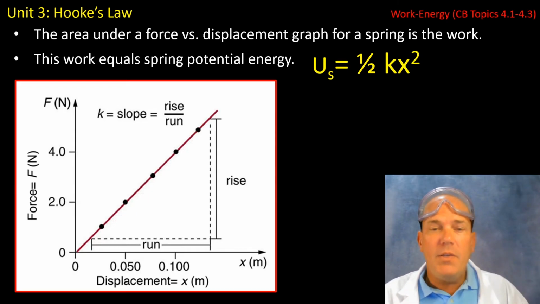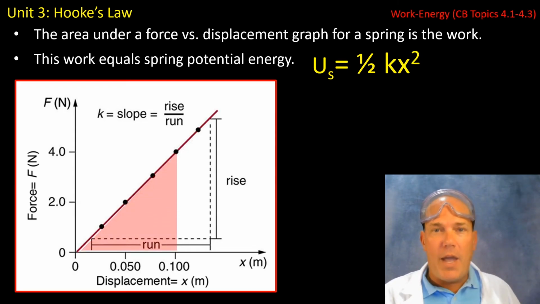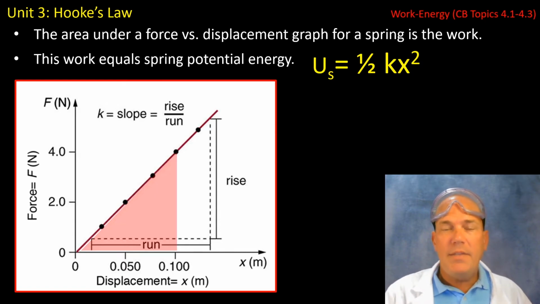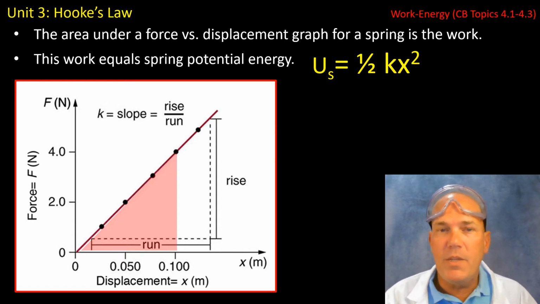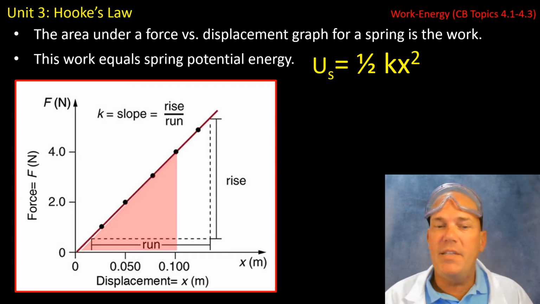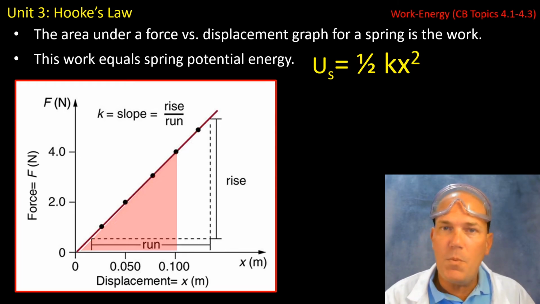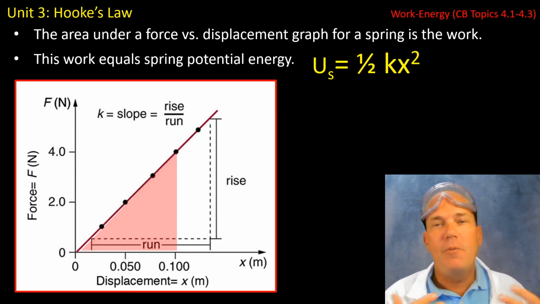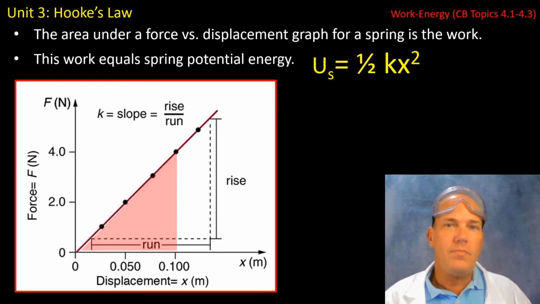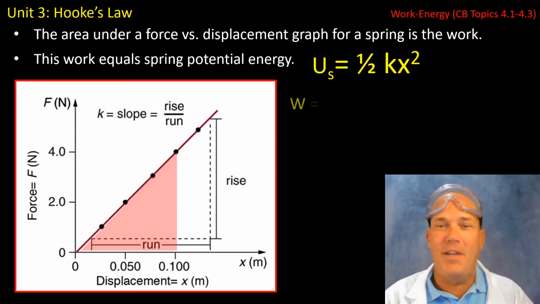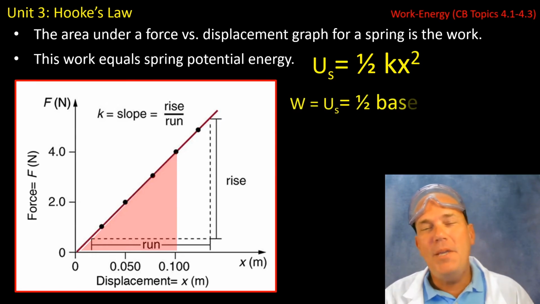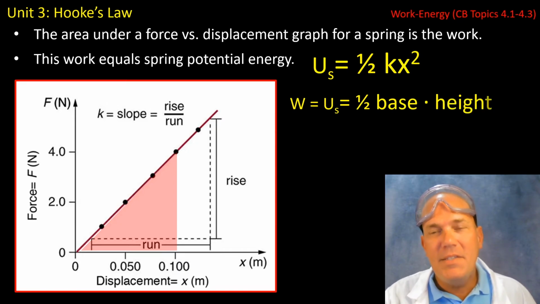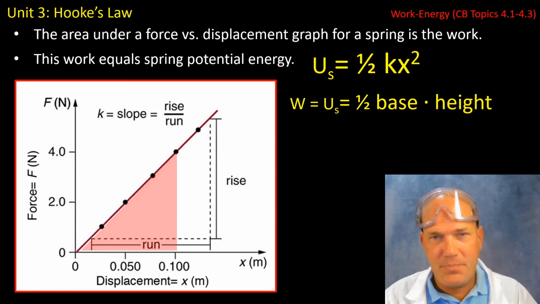So let's go ahead and look at the graph and look at the energy associated when this spring is compressed a distance of 0.1 meter. You see we have a right-angled triangle. So we're going to use the formula to find the area of this right-angled triangle to be 1/2 base times the height.